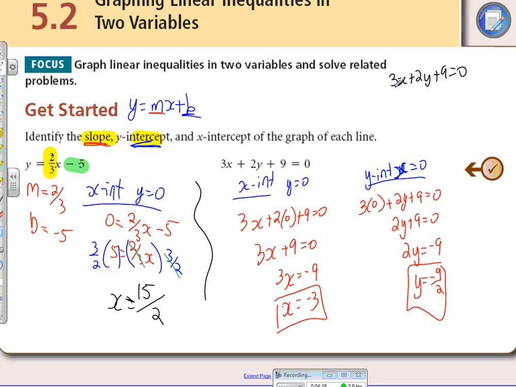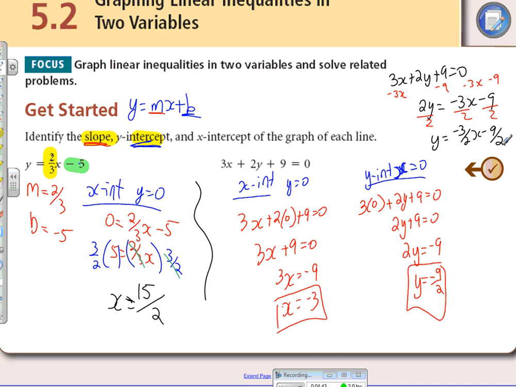So we're going to subtract over the 3x and subtract over the 9, which gives us 2y is equal to -3x minus 9. And now divide everything by the 2. Y equals -3/2x minus 9/2.